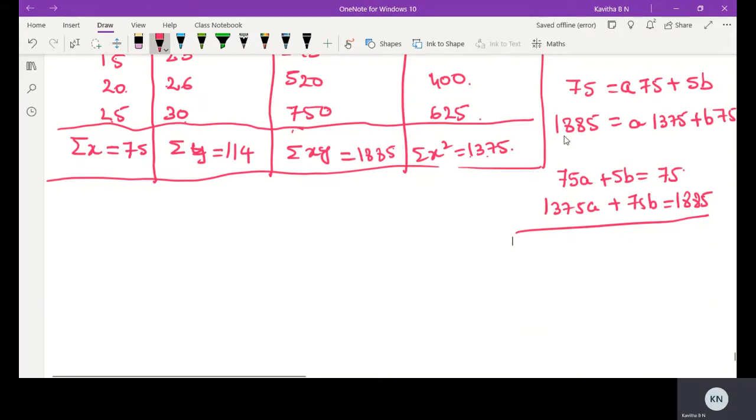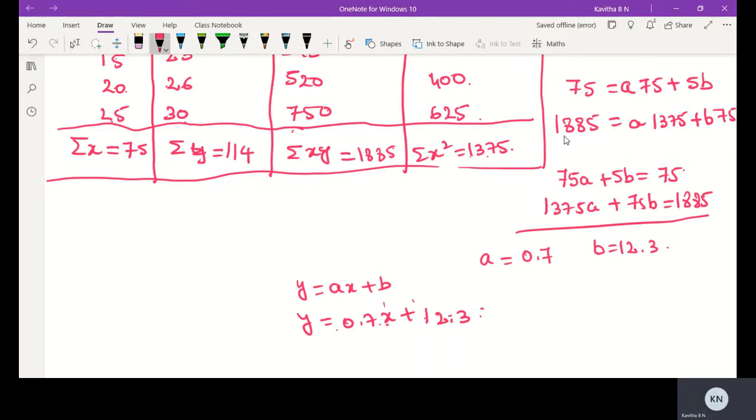Here a is equal to 0.7 and b is equal to 12.3. Okay, means y is equal to ax plus b, y is equal to 0.7x plus 12.3.